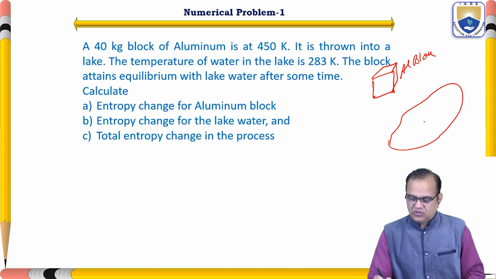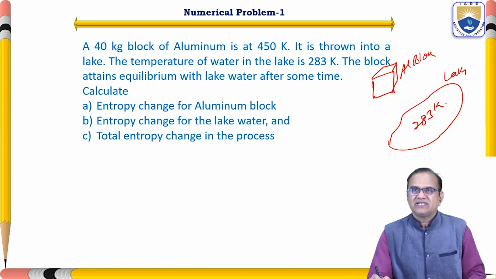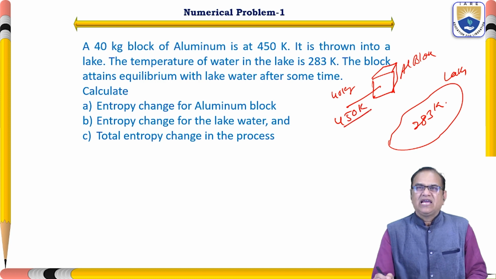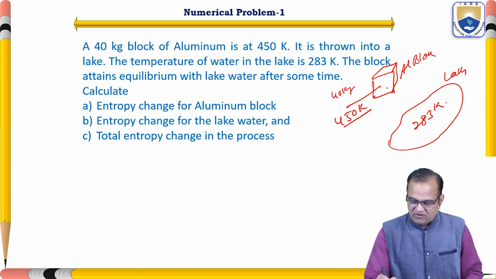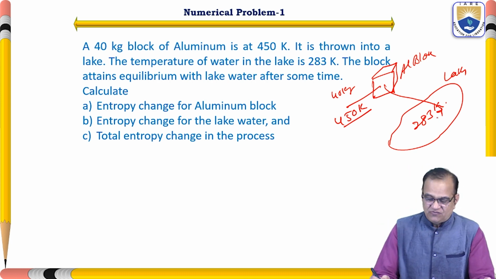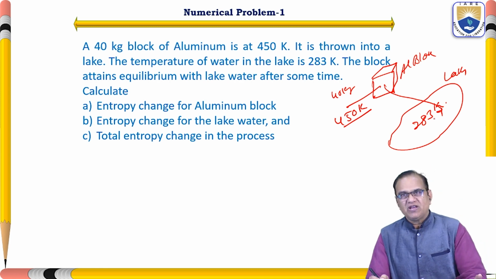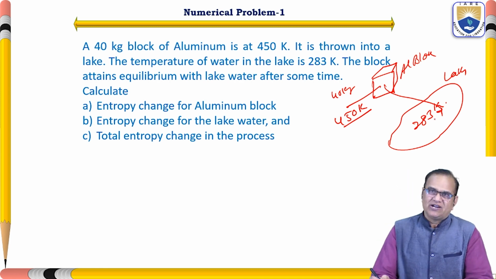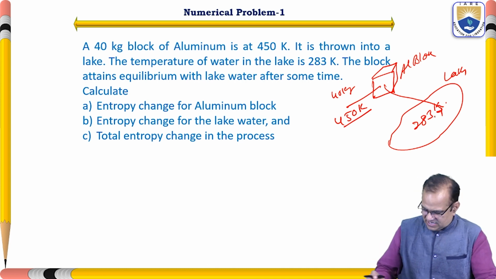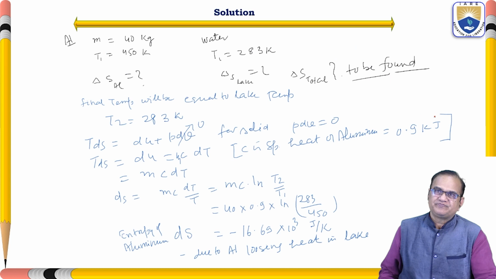This lake has 283. This is the 40 kg block at 450 Kelvin. If we throw it from here to here, how much entropy is going to change for the aluminium block, for the lake, and for the total entropy of the full process? This is what we are going to discuss in this problem.